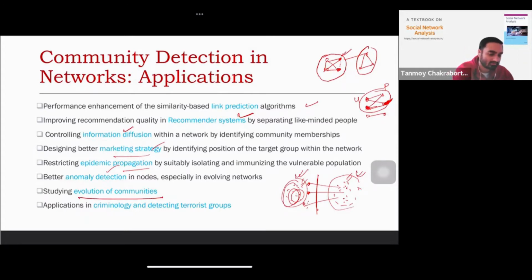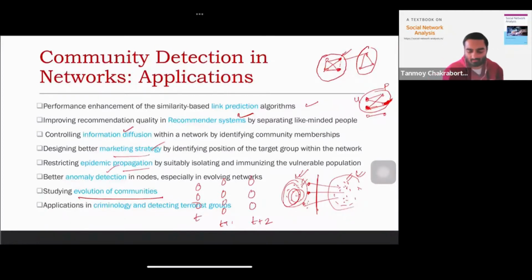Now, why is the evolution of a community structure important? What do you mean by evolution of a community? Say, for example, at time t, you see that there are 3 communities in the network. At t+1, you see there are 4 communities. At t+2, you see there are 5 communities. Now, let's say there are 3 communities at timestamp t, 4 communities at time t+1, and again 3 communities at timestamp t+2.